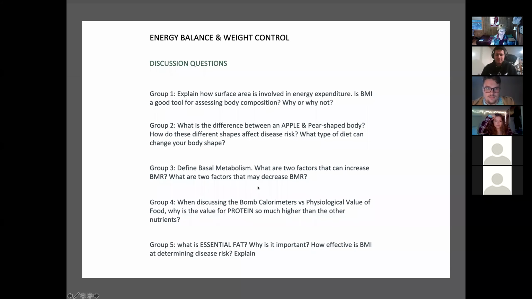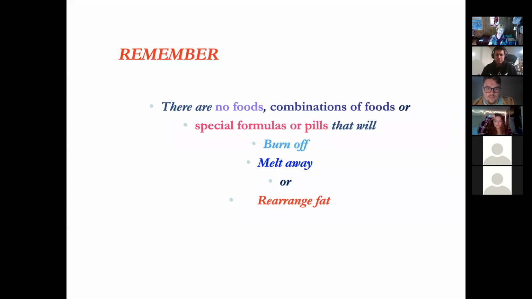Okay. And that is that there are no foods, combinations of foods, special formulas, or pills that will burn off, melt away, or rearrange fat. Let me say that again.